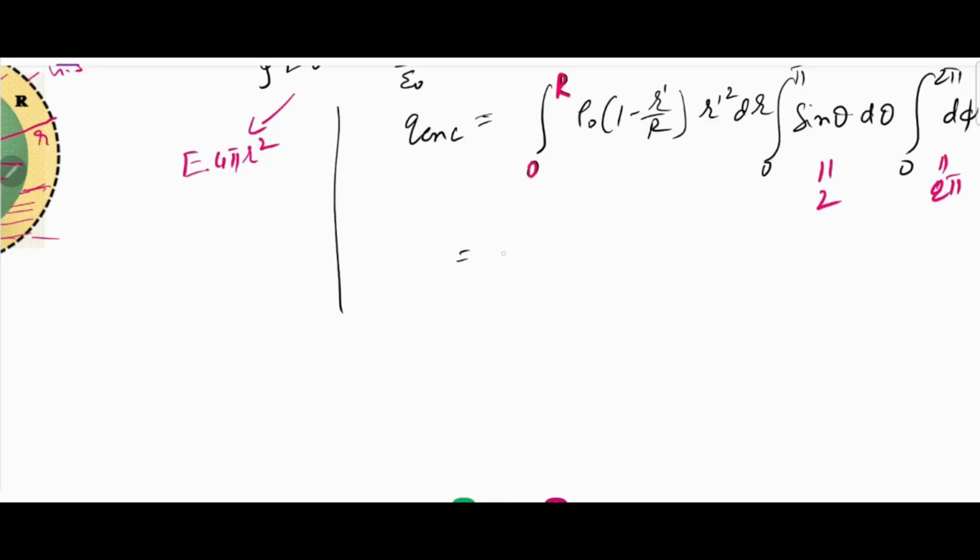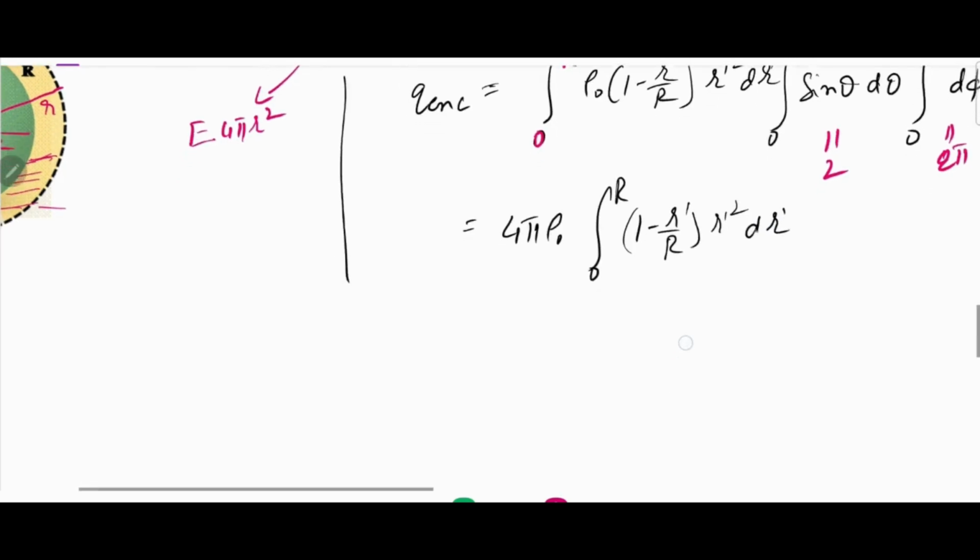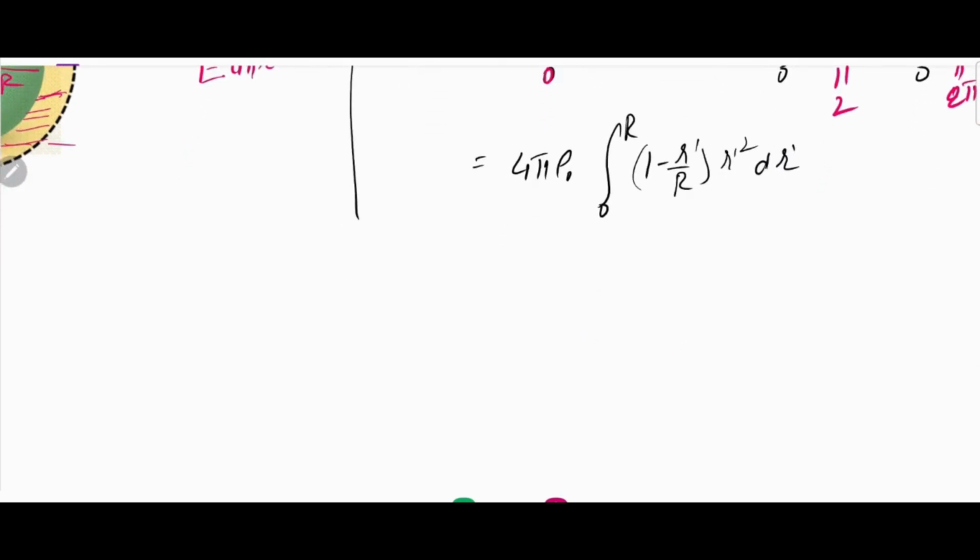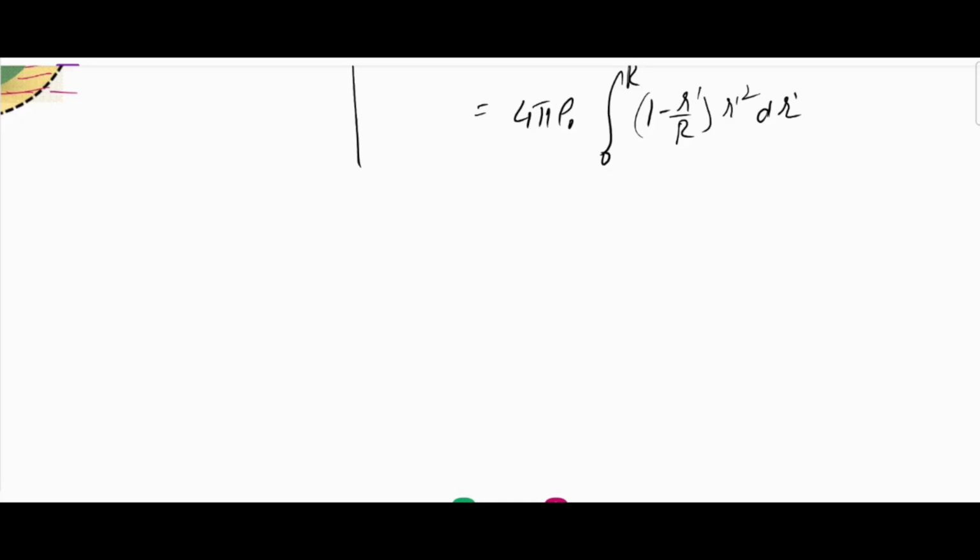So if we simplify this, 4 pi rho naught, integral 0 to capital R of 1 minus r dash by capital R, r dash square dr dash. So again we will solve this. You have already seen this is a simple integral, 0 to R of r dash square minus r dash cube by capital R into dr dash.